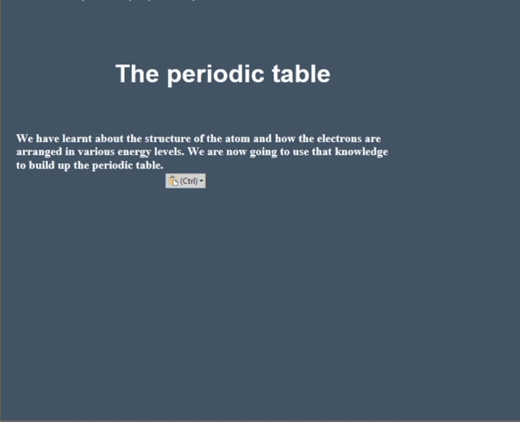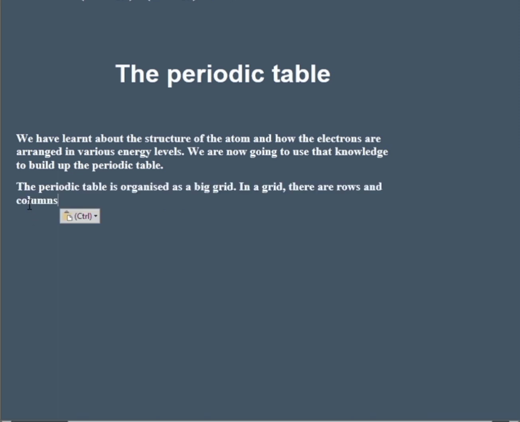The periodic table is organized as a big grid. In the grid, there are rows and columns.